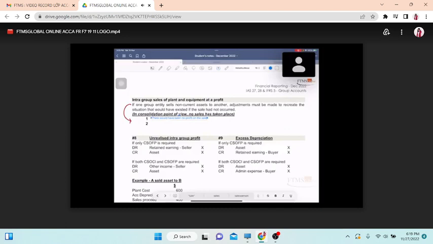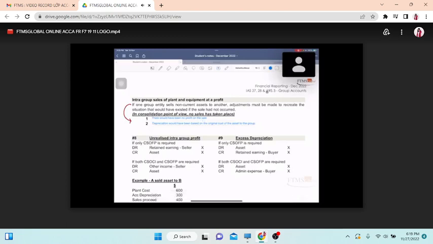Second thing is your depreciation. Depreciation would have been based on the original cost of the asset to the group.